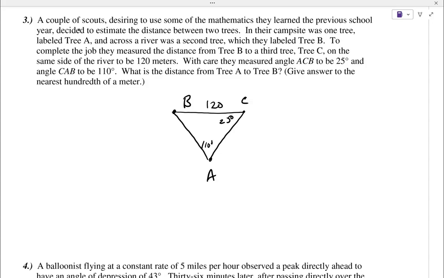Well, once I got the picture set up, that one's not too bad to do at all, is it? Things are set up. What would you set up if I wanted to figure out this, since it's across from C, it's little c, right? What equation would you set up?